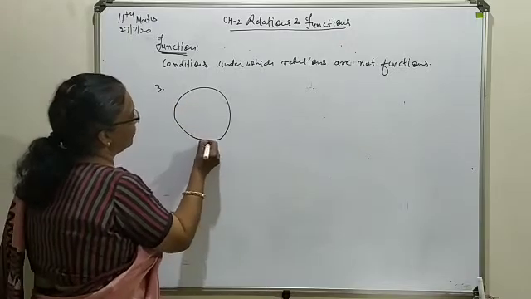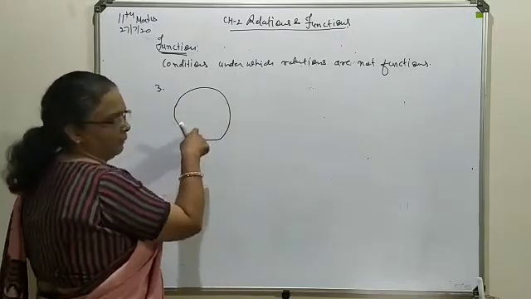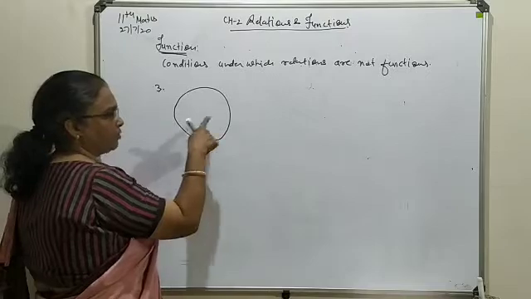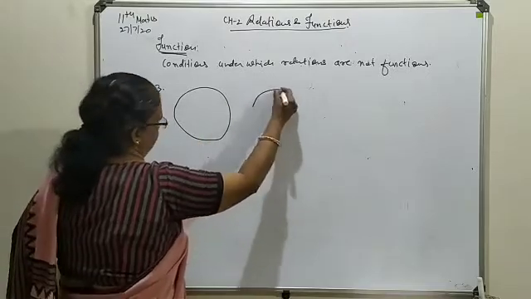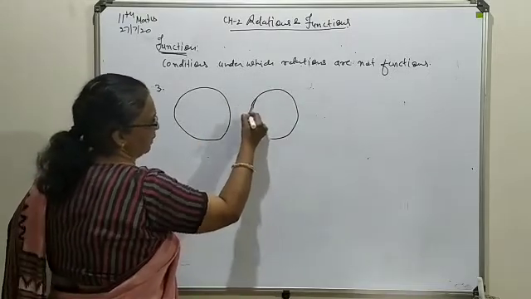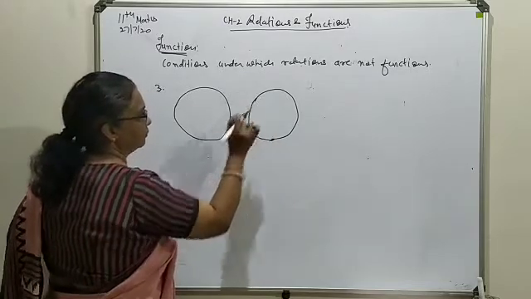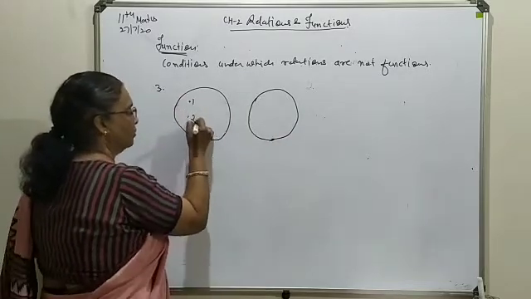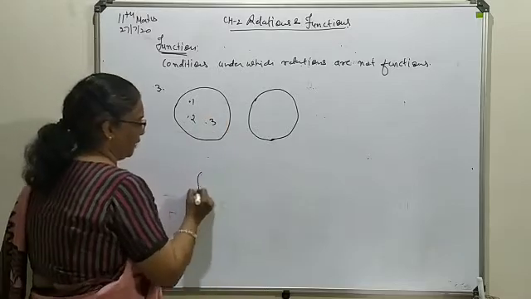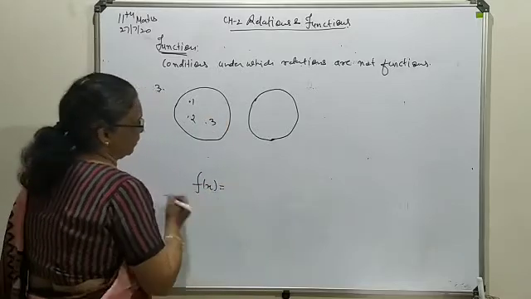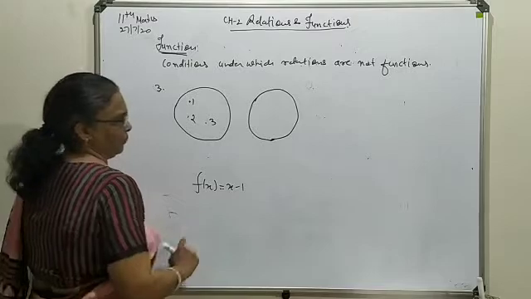Basically, I told you each element of set A should take part in the formation of an image. So if this is not going to take place, at that time, say this is 1, 2, 3. Here we define one function as x minus 1.